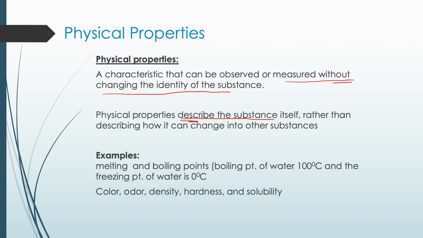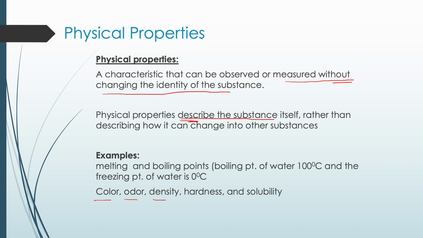Examples: it is able to melt. It is able to boil. We know the boiling point of water is 100 degrees Celsius. The freezing point of water is 0 degrees Celsius. We could say something has a red color, a strong sulfur odor, a density of 22.5 grams per centimeter cubed.